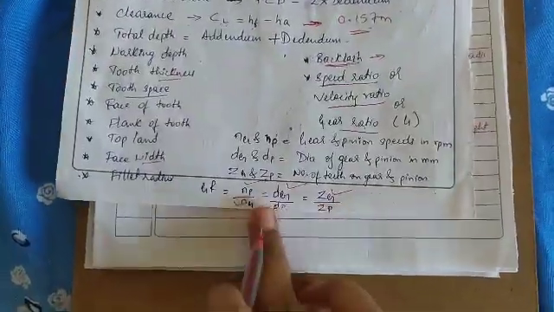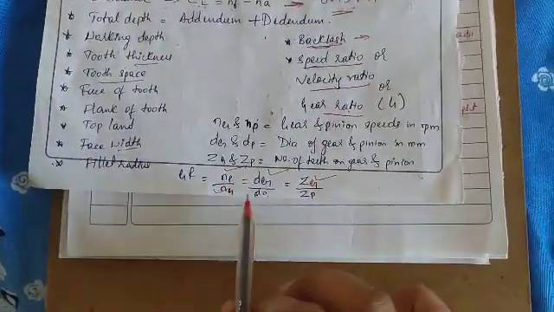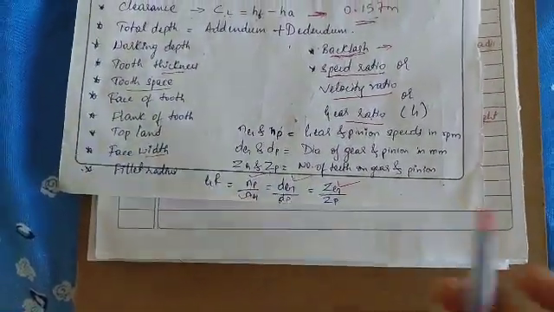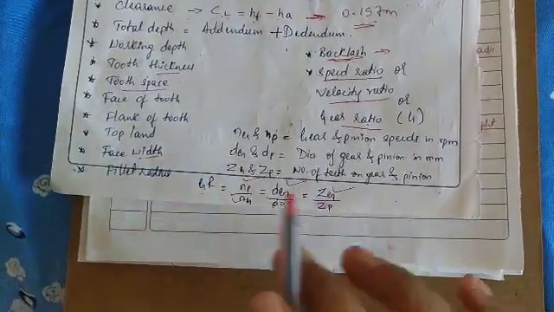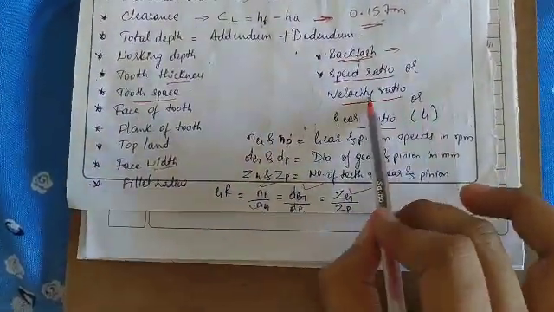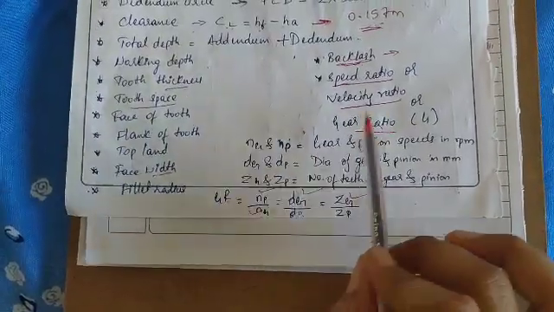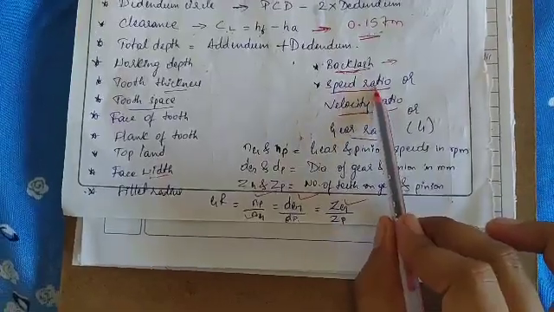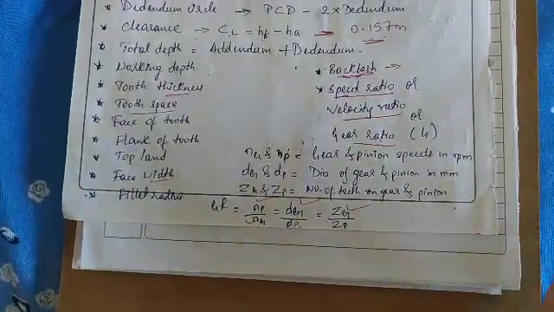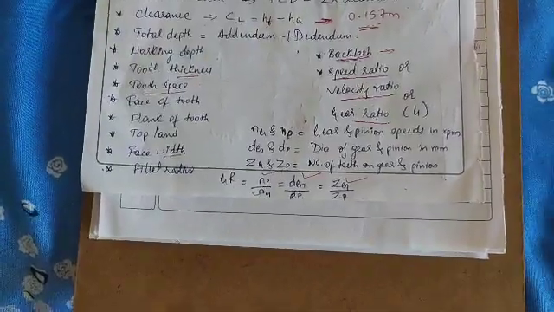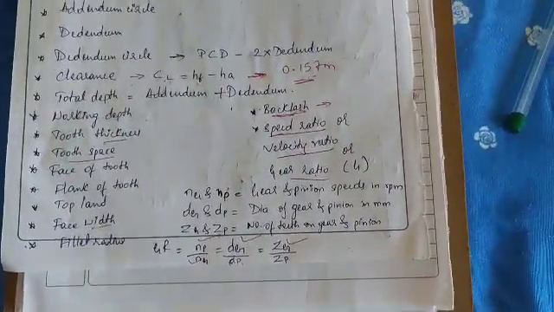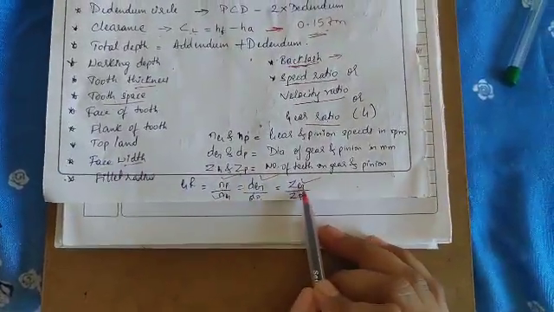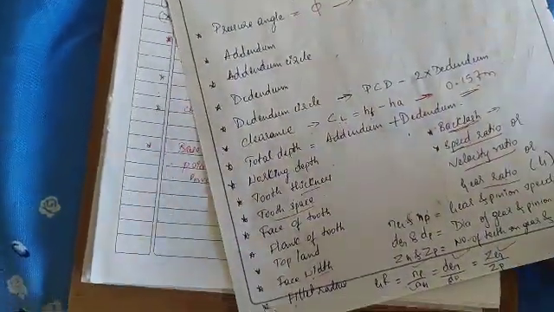We can write any definition, whether related to the speed, the diameter, or the teeth. This we call the gear ratio, speed ratio, or velocity ratio, denoted by n. With respect to the velocity ratio, we can write it as the diameter of the gear to the diameter of the pinion, and with respect to the teeth, the number of teeth on the gear to the number of teeth on the pinion.